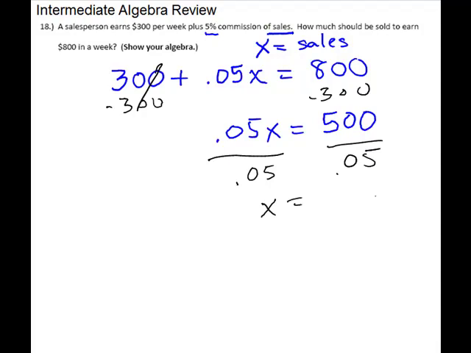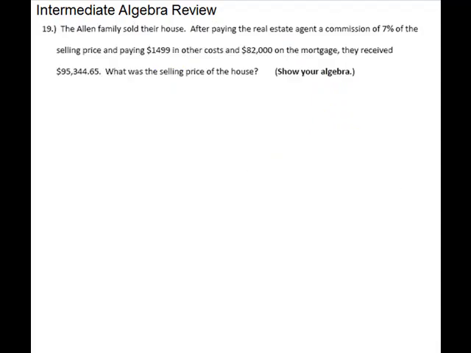Make sure you go in top to bottom. 500 divided by 0.05. And this gives you $10,000.